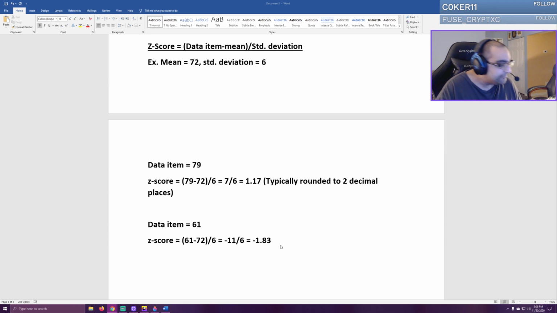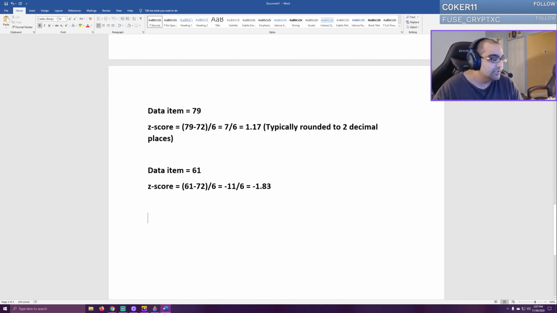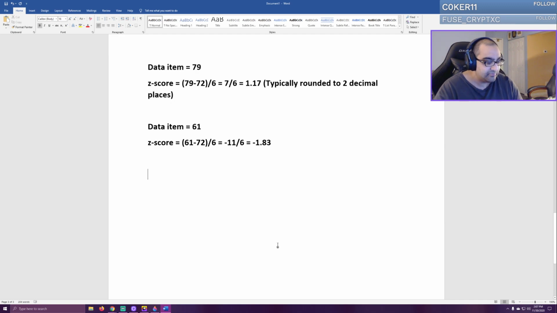All right. Now let's not forget here, you can also go backwards as well, getting a data item from a z-score.